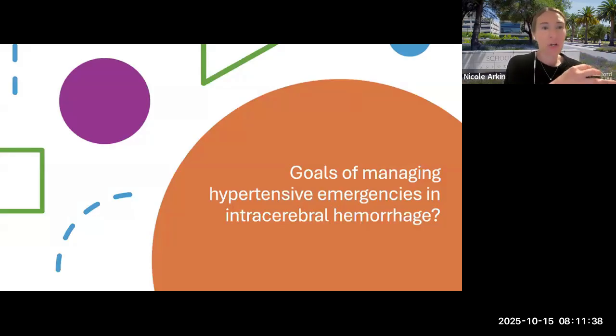Ischemic strokes are typically due to a blockage in an artery in the brain or in the cerebral vasculature. Patients who have hypertension are at higher risk of having ischemic strokes, but specifically the risk of stroke that we're talking about with these hypertensive emergencies is a conversion to hemorrhagic stroke.